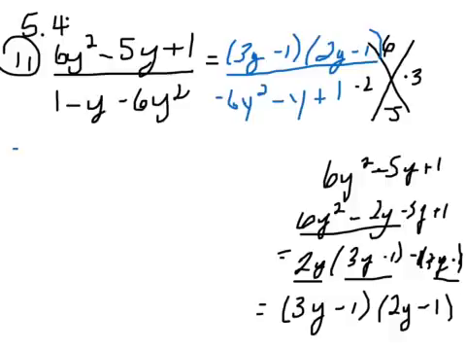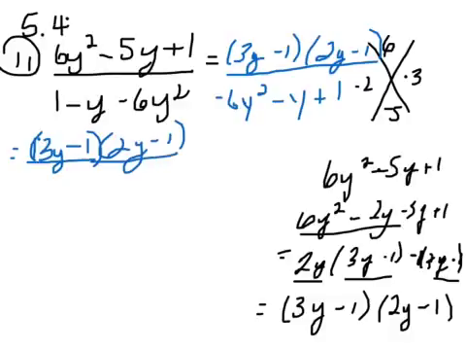I'm going to keep the top, 3y minus 1, 2y minus 1, and not mess with it, but I'm going to factor a negative 1 out of that bottom because I don't want to factor with a negative y squared term. That makes it negative 1 times 6y squared plus y minus 1. Remember, when you factor out a negative, it just changes the signs on everything.